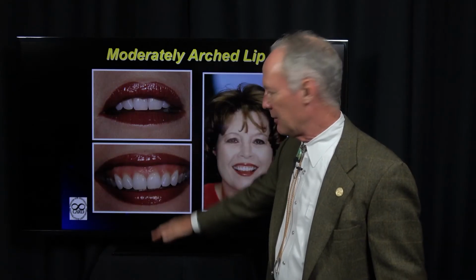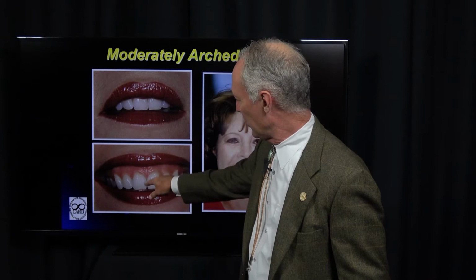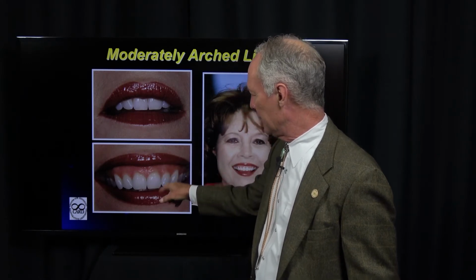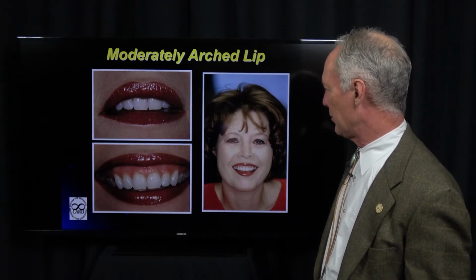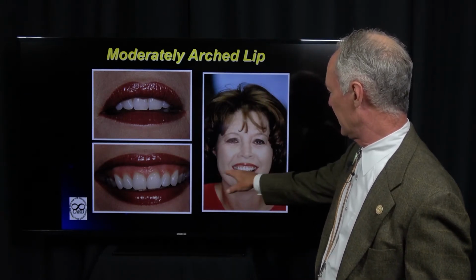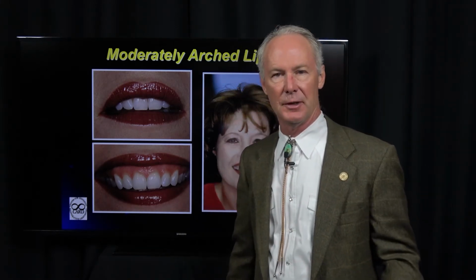The tooth is not fully erupted, and part of the coronal part of the tooth is still under the gum. In that case, I would perform a periodontal crown lengthening procedure and expose the CEJ and make the teeth the proper length. This is not an unesthetic smile. This is a very aesthetic smile, but it's something to be considered.